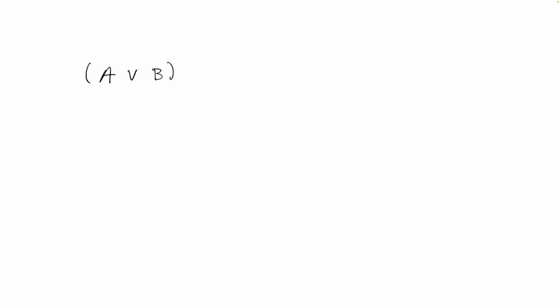If you then want to conjoin a further statement C with that disjunction, then you would write open parentheses C, conjunction, open parentheses A disjunction B, close parentheses, close parentheses. By contrast, if you first want to conjoin C with A, then you would write open parentheses C, conjunction A, close parentheses.